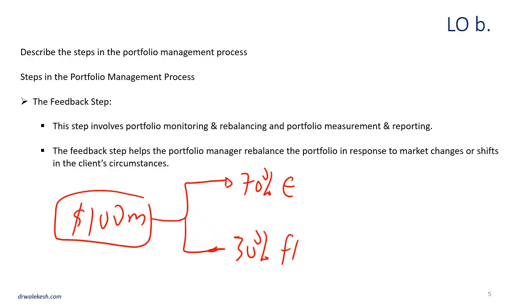However, the client's circumstances have changed. Originally, the client was a risk taker. For you to allocate so much funds into equity, bearing in mind that equity has more risk than fixed income, that means the client's risk objective was originally high.